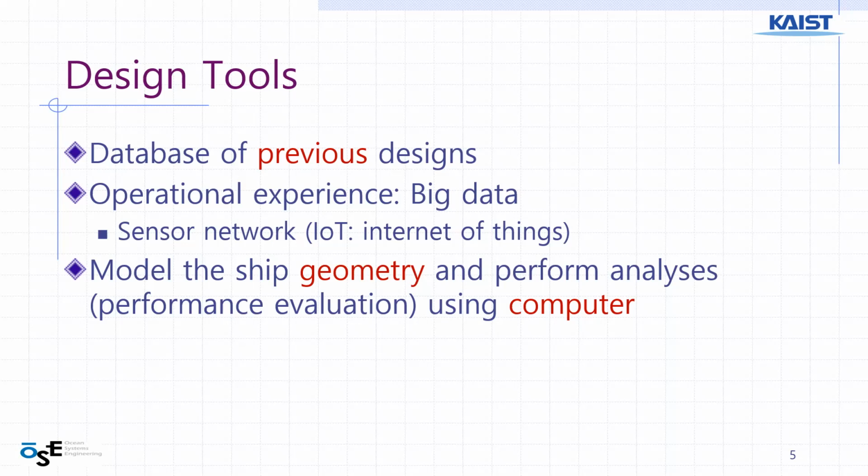Those sensor data, through the sensor network, produce and deliver many big data to the operator. And the ship geometry, the shape of the ship in 3D, and performance analysis, performance evaluation using computer is very popular nowadays.